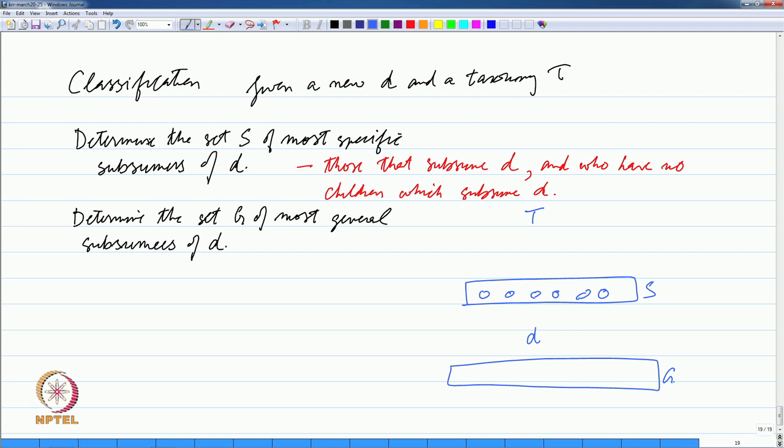Supposing these two sets S and G are not disjoint and they have a common element, and the common element subsumes D as well as is subsumed by D. That means D is already there in the taxonomy, and that element is actually a description of D, or D is a description of that element essentially. So, it is almost there, in which case of course, we do not have to do anything essentially.